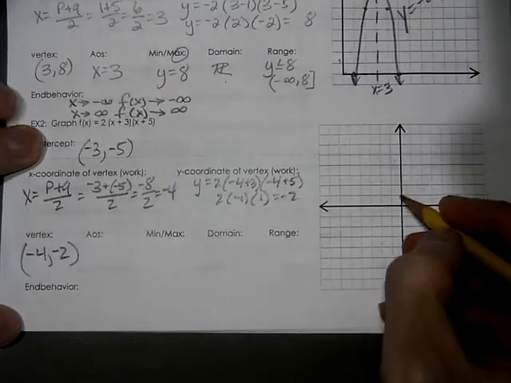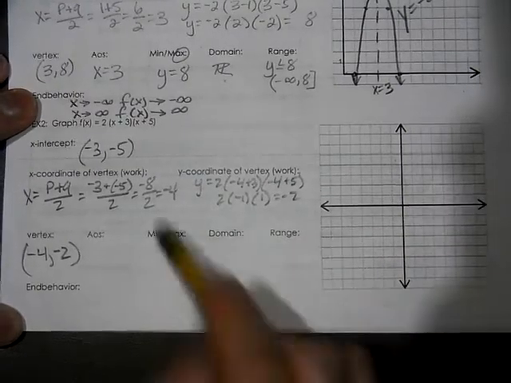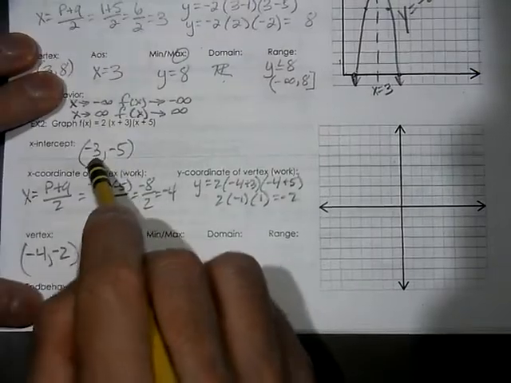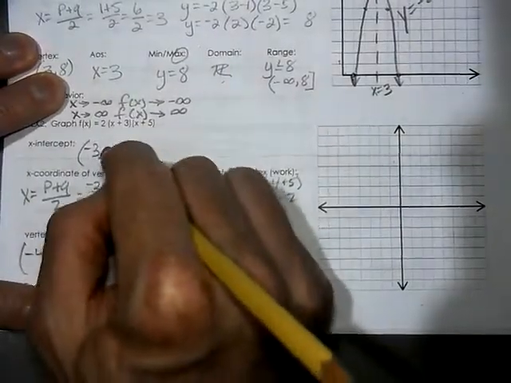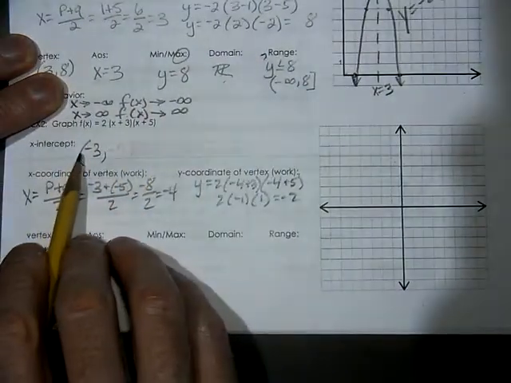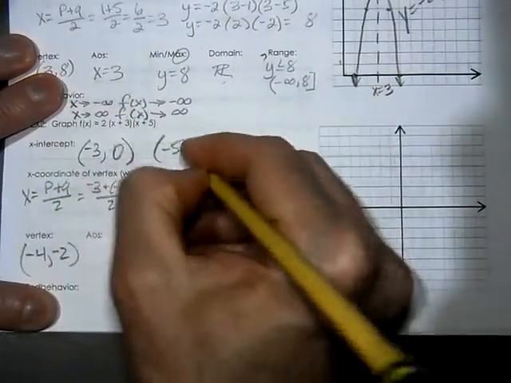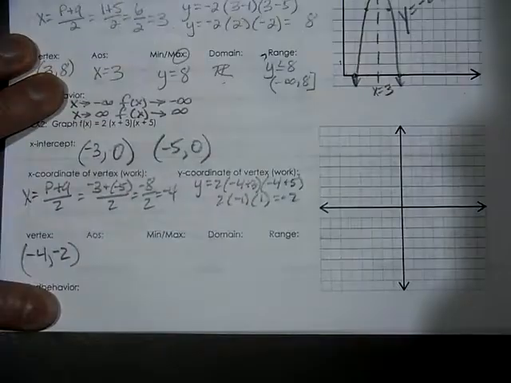So on our graph, we have our, well, funny notation here, huh? This is not the right notation, sorry. Usually find my mistakes eventually. So your negative 3, comma 0, and your negative 5, comma 0. It's not a point, negative 3, negative 5.